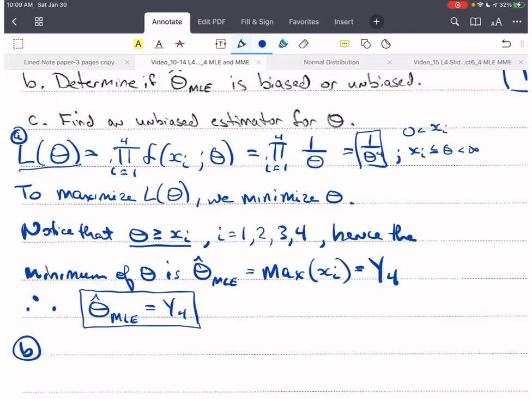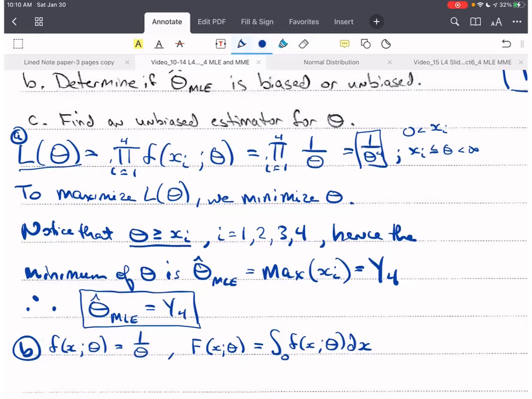Okay, so first, if f of x and theta is equal to 1 over theta, recall that F of x, theta is equal to the integral of f of x, theta dx, in this case from 0 to theta. Okay, so I always forget this the first time.